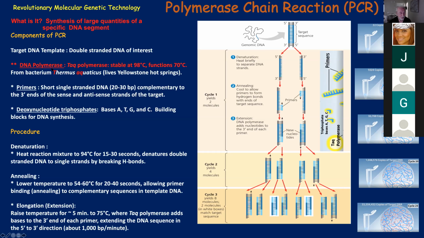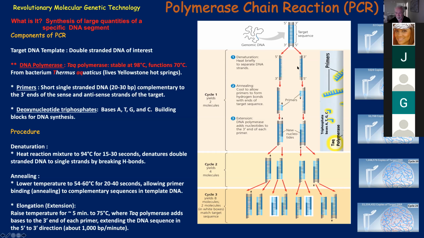And I have to emphasize the DNA polymerase. It's called Taq polymerase, which is stable at 98 degrees centigrade. Its optimum for function is 70 degrees. It's from a bacterium known as Thermus aquaticus, which was isolated from a hot spring in Yellowstone Park. And it's absolutely essential for PCR to work that you have this heat-stable DNA polymerase.